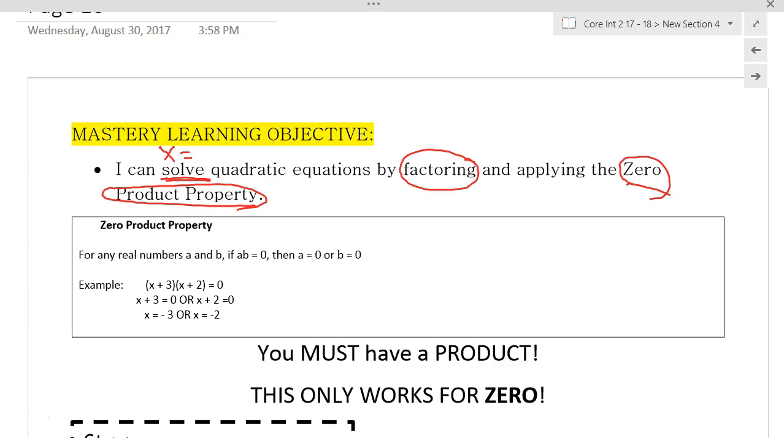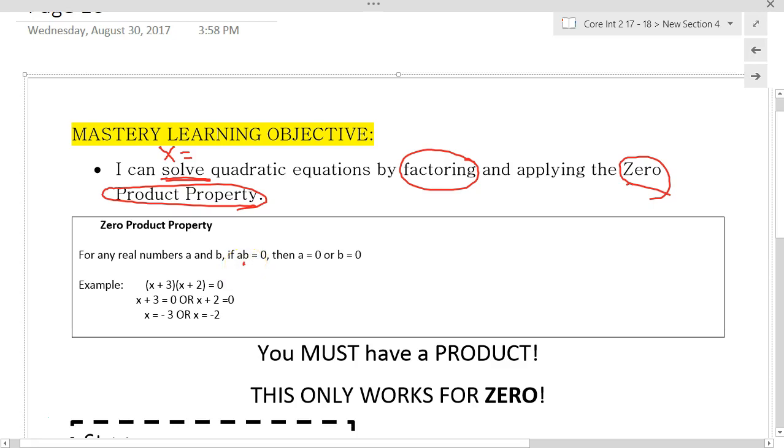The zero product property says that for any real numbers A and B, if AB equals 0, then A equals 0 or B equals 0. What that means is anytime I multiply anything and it's equal to 0, I can split those up. Here I have x plus 3 times x plus 2, multiplication.